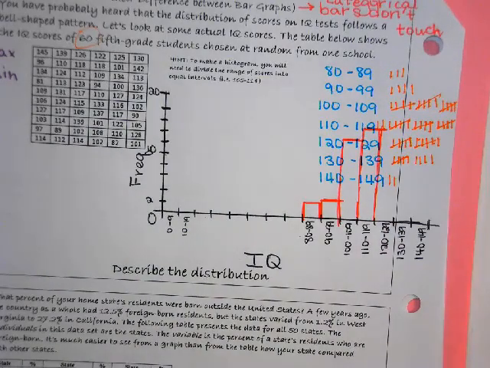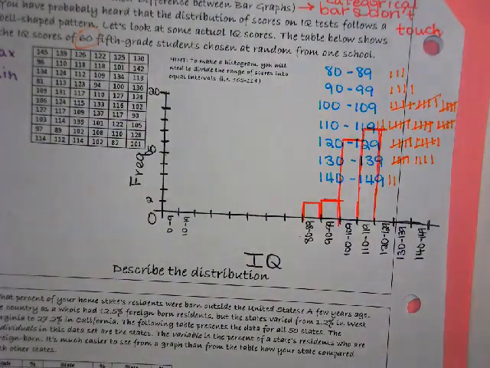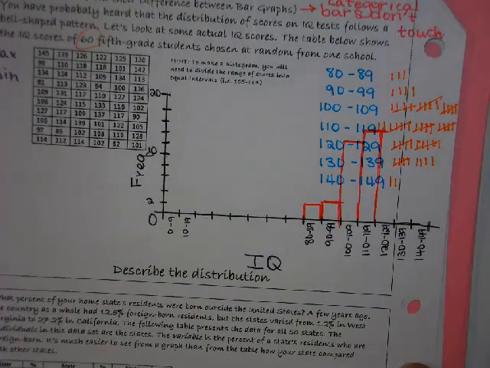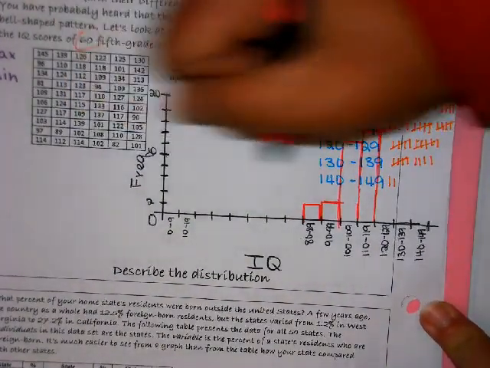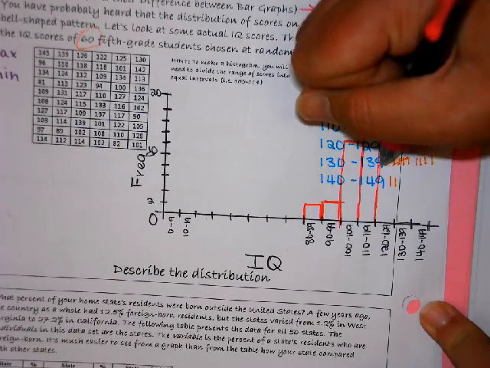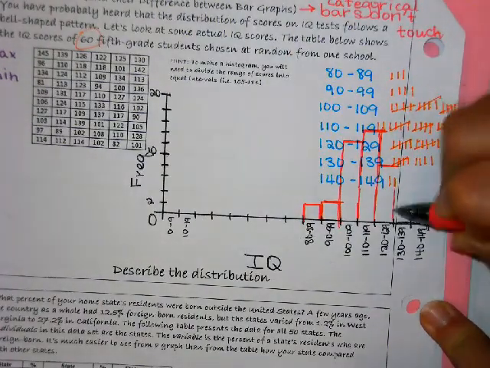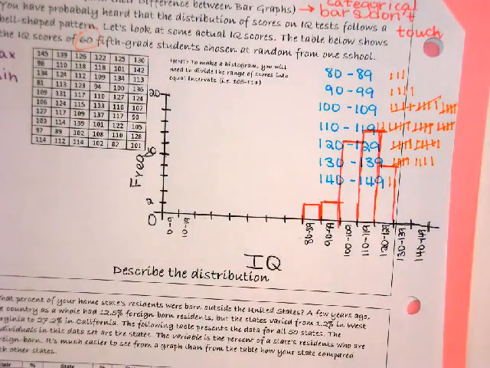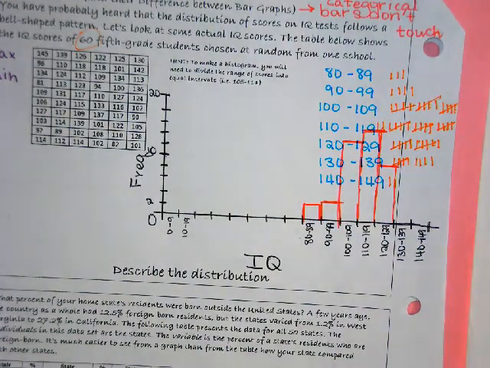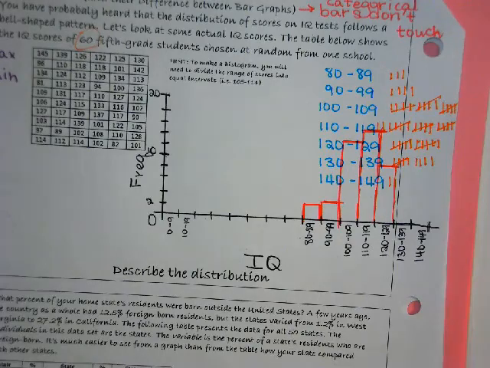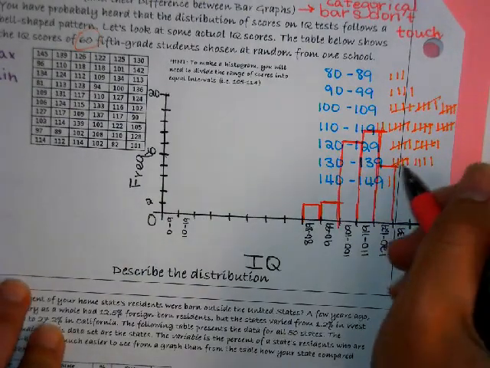That's where I'm gonna cut off. I have 11 in there, but I can't really tell if I have 11 or if I just mismarked. 130 to 139 has 9. And then 140 to 149 has 2.